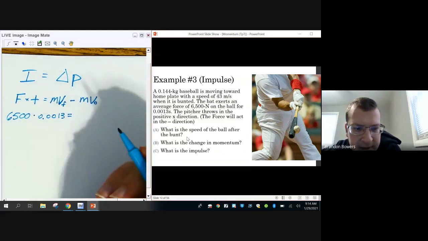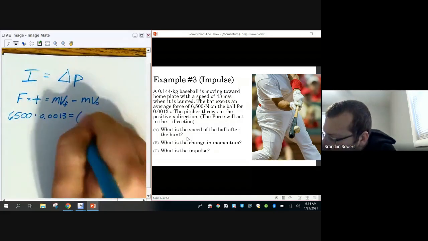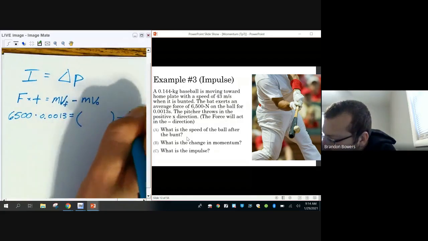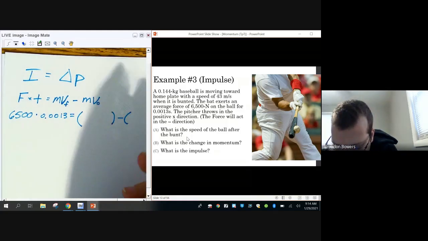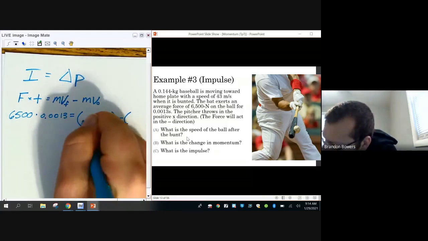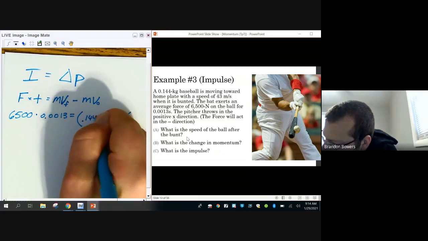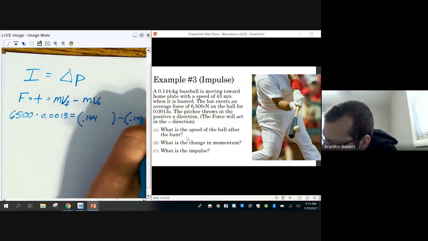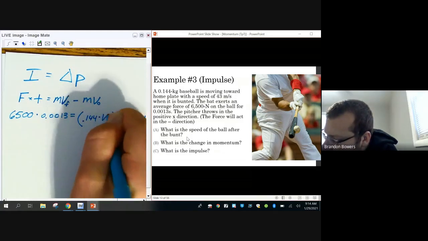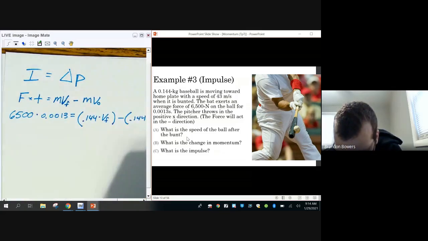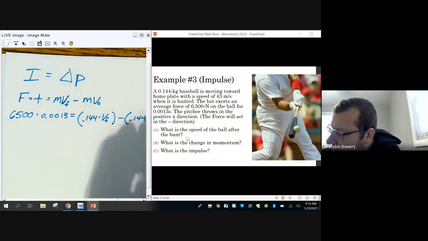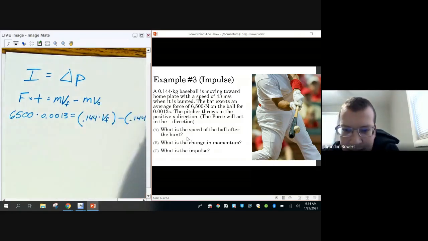The mass, so I'm going to have minus the mass of the baseball, which is 0.144, times the final velocity, which we don't know, and the initial velocity. Well, we know it's moving toward home plate at 43 meters per second.